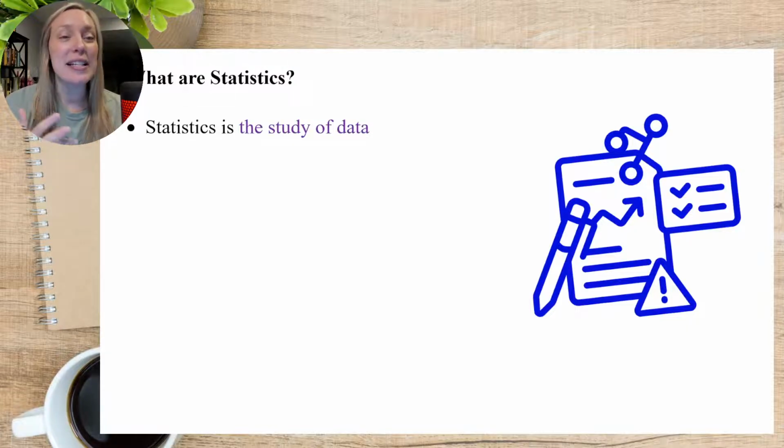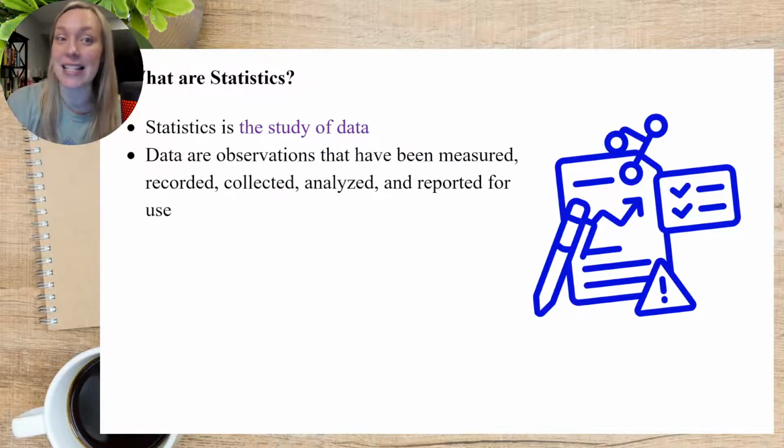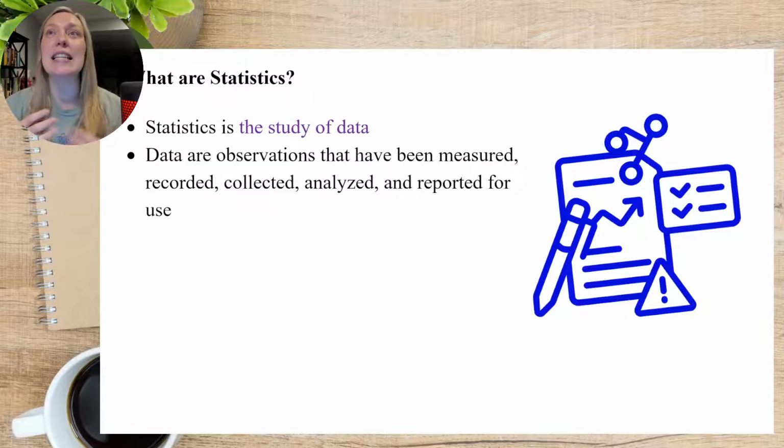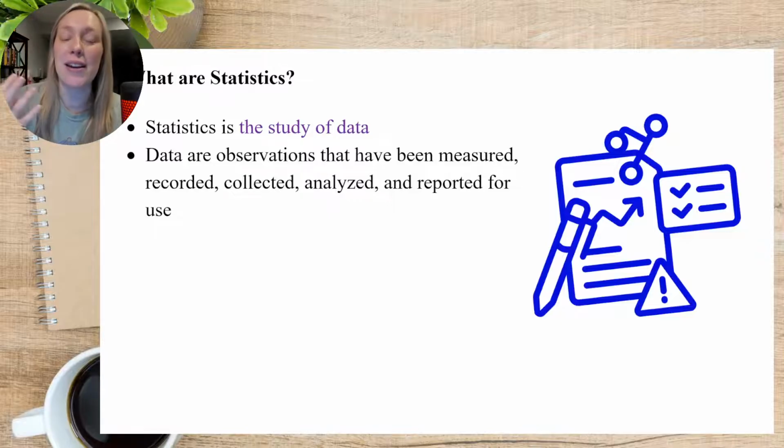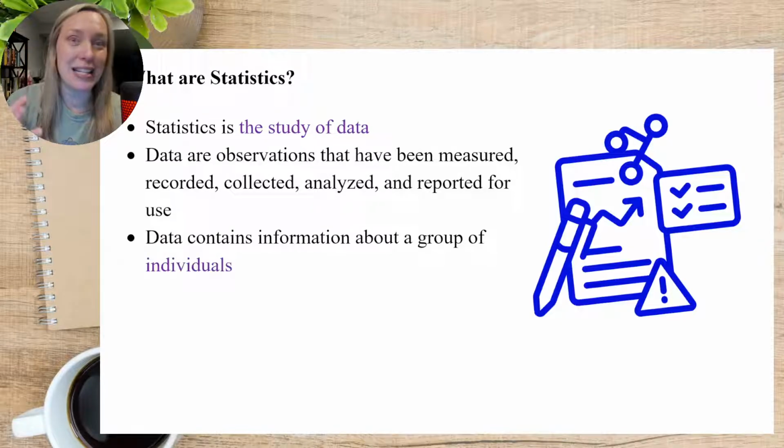When we talk about statistics, it's numerical data, but it's also what we consider the study of data. So we say statistics in terms of studying data and what data means. Data is, or are, observations that have been measured, recorded, collected, analyzed, reported, any of the above for our use in some way.